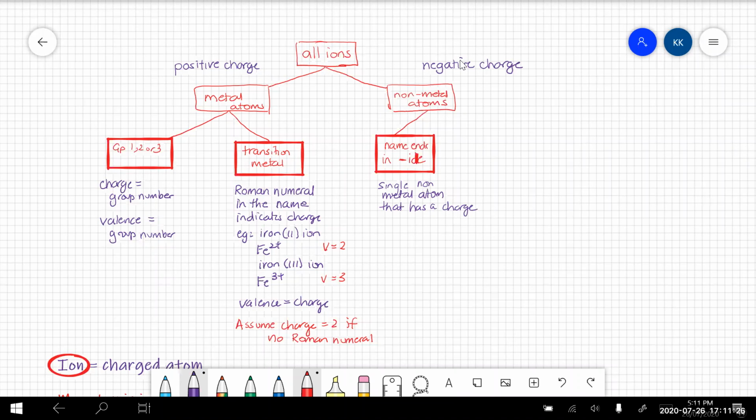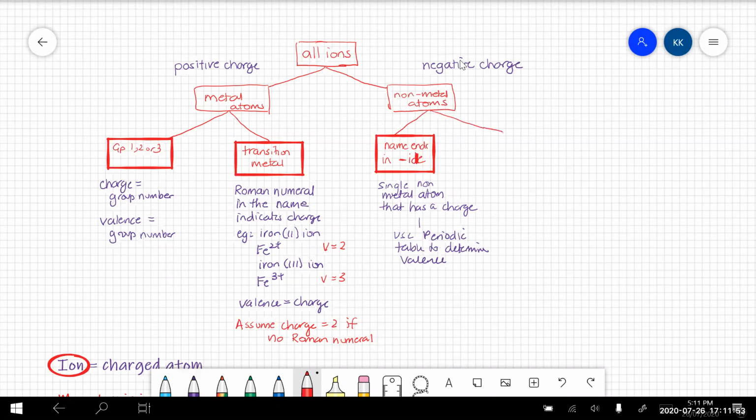And if we're looking at a single non-metal atom that has a charge, we can use the periodic table to work out its valence. So we know that we count the number of boxes away.